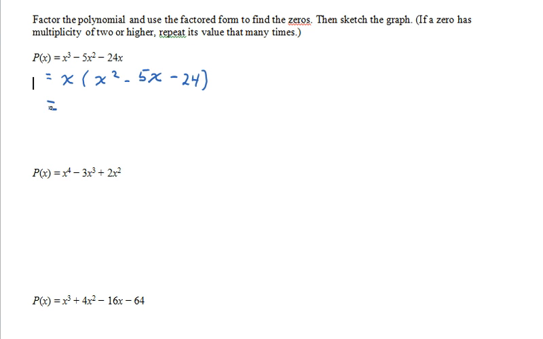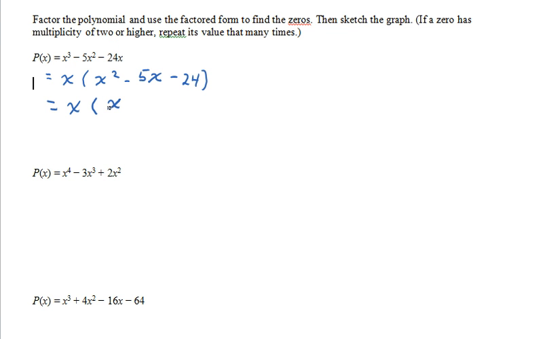The quadratic then factors. I'm going to factor it by trial and error. I'm looking for two numbers that multiply to be negative 24 and add to be negative 5. Negative 8 and positive 3 will work.